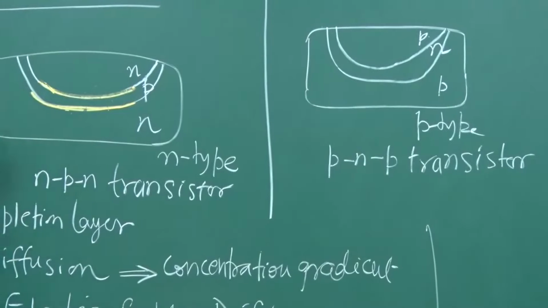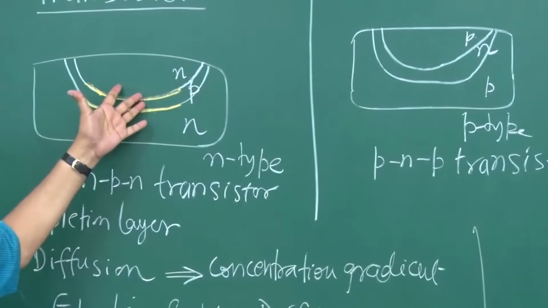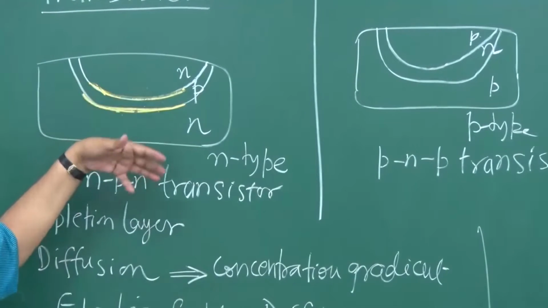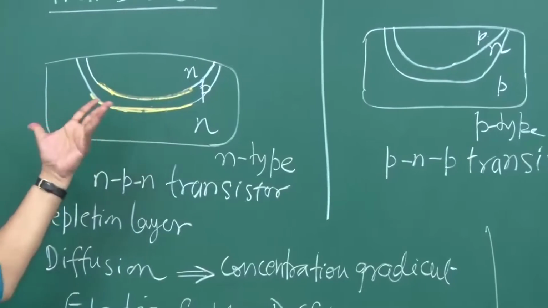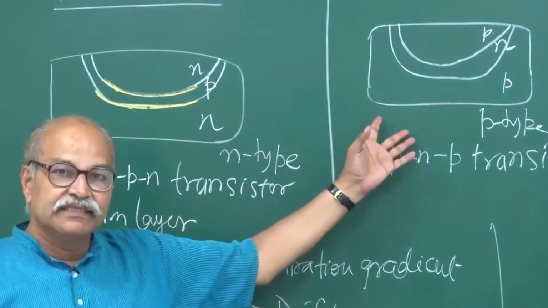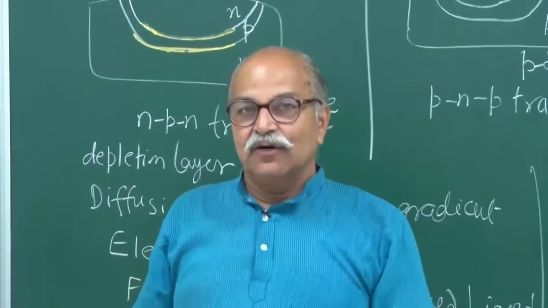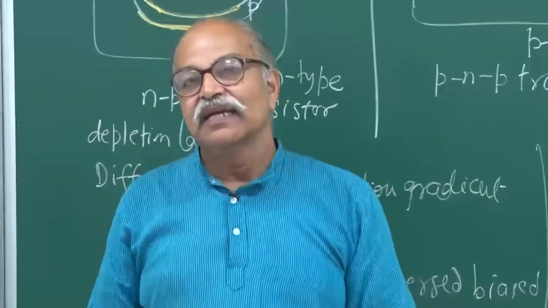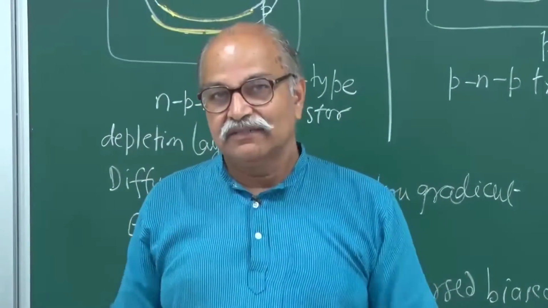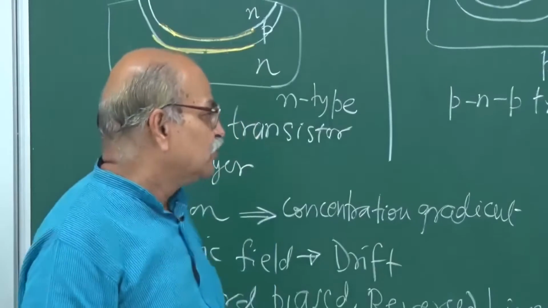But most of the time we will be using this NPN to describe all the physics and all the processes. The only difference between this and this is that all the directions of currents will be inverted, and all the polarities of the batteries that you connect will be inverted. Otherwise the remaining thing is almost the same.